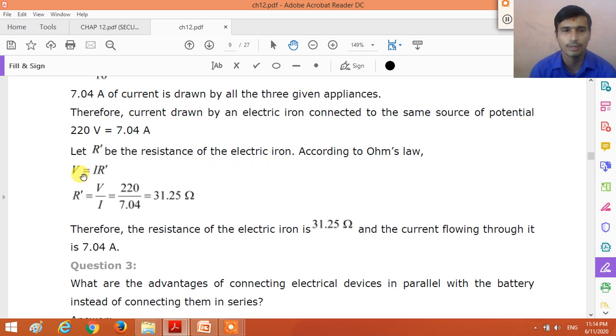According to Ohm's law, V is equal to I into R dash. So the resistance of the electric iron R dash is equal to V divided by I. V is given as 220 volt divided by the current we calculated, 7.04. We get the answer 31.25 ohm. So the resistance of the iron is 31.25 ohm and the current flowing through it is 7.04 ampere.